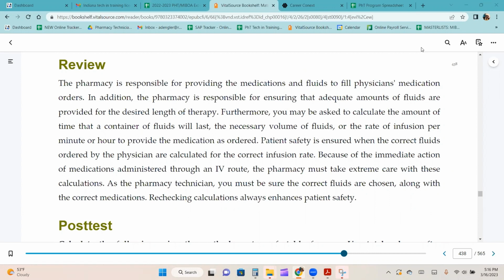Patient safety is ensured when the correct fluids ordered by the physician are calculated for the correct infusion rate. Because of the immediate action of medications administered through an IV route, the pharmacy must take extreme care with these calculations. As the pharmacy technician, you must be sure the correct fluids are chosen along with the correct medications. Rechecking calculations always enhances patient safety.